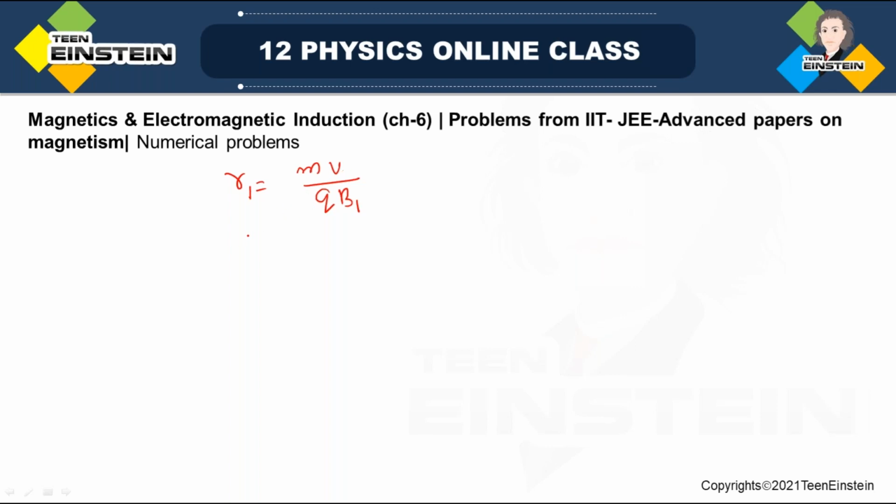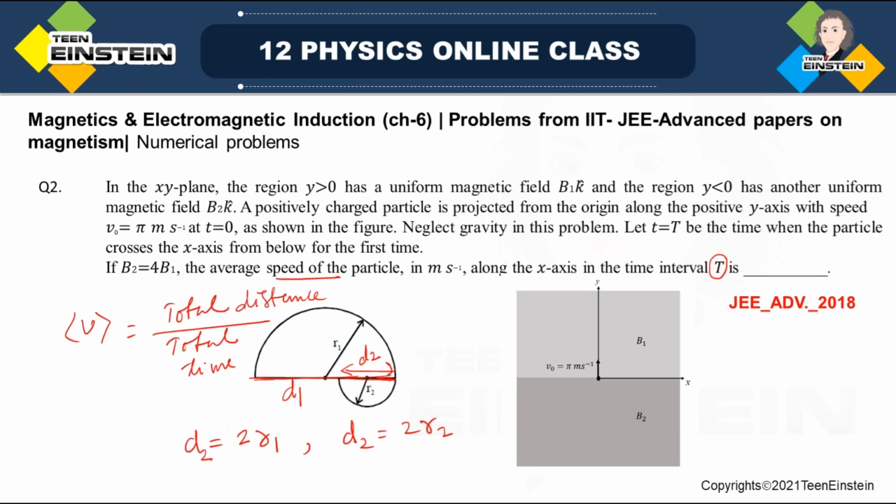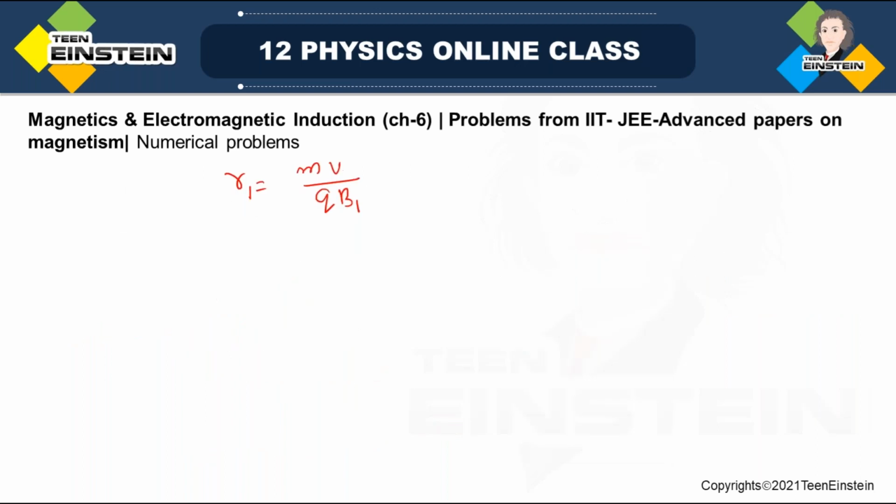Charge and mass are the same, and velocity is also the same, a constant velocity, pi meter per second. So this part is the same for both.